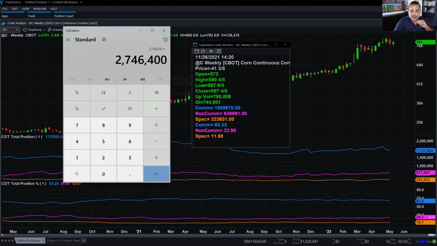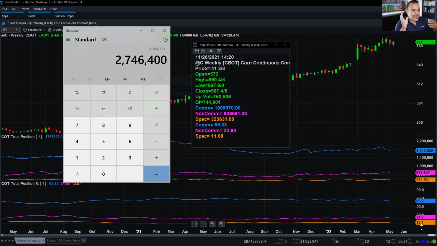So if you look at the percentage over here, we can see that commercials are holding 63% of the total position, or the total open interest. The non-commercials are holding 24%, and then the speculators are holding 12%. Does that make sense? So it's interesting to know what percentage of that total open interest is being held.